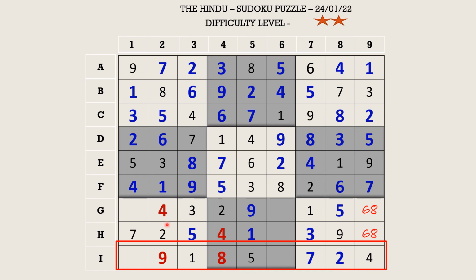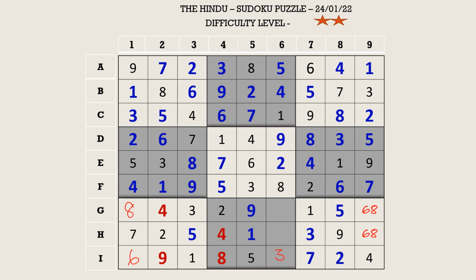In I row, there are 2 empty cells and the missing numbers are 3 and 6. There is a 3 blocking from column 1, so I6 takes 3 and I1 takes 6. So in the 7th block, the only missing number is 8.